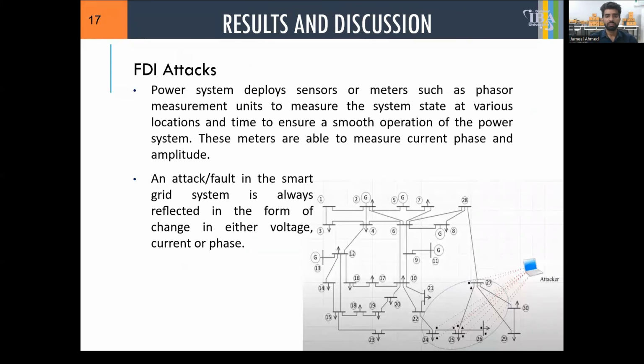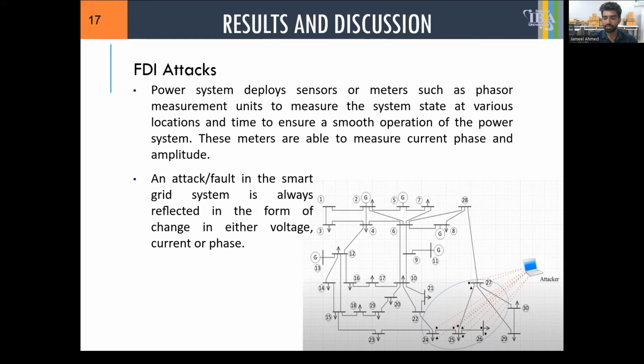Moving towards results and discussion. The attack that an attacker could carry out on the smart grid system could be in changing the voltage or current, or it could also be in the angle between the voltage and the current.